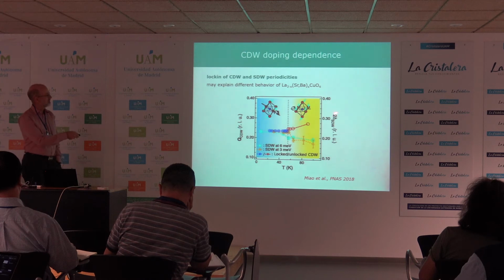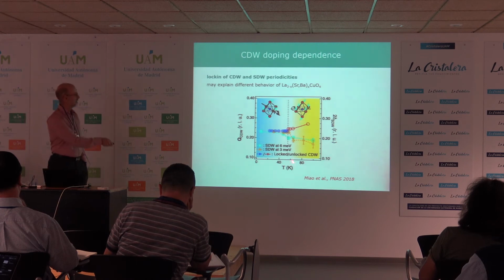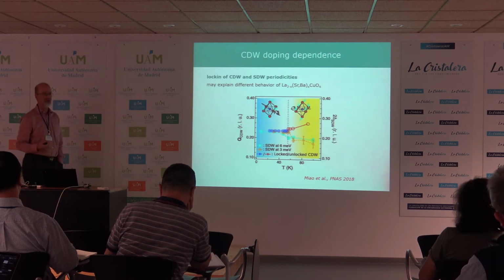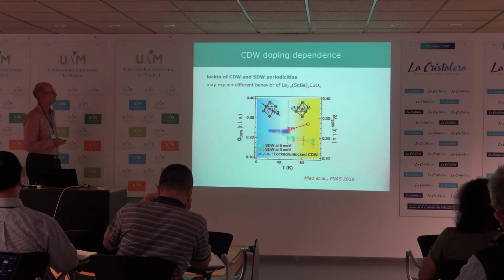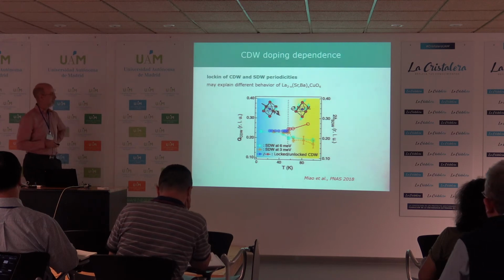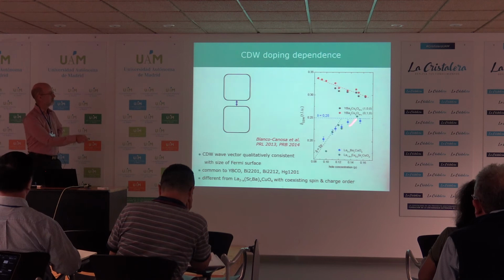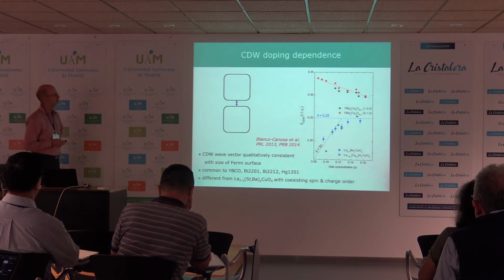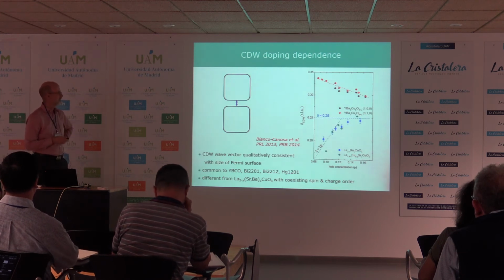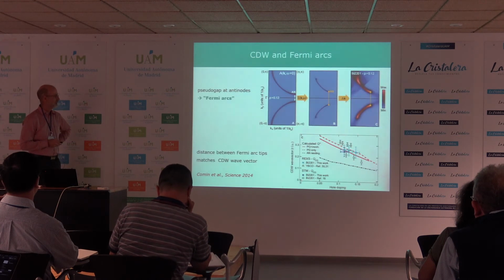They found that there's a lock-in between the two at a particular temperature. This kind of lock-in, the interference between spin and charge density instabilities, goes a long way towards explaining the different behavior of the wave vector doping dependence in this family of materials.